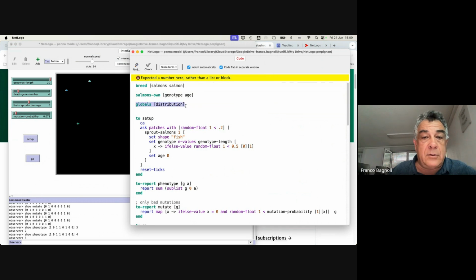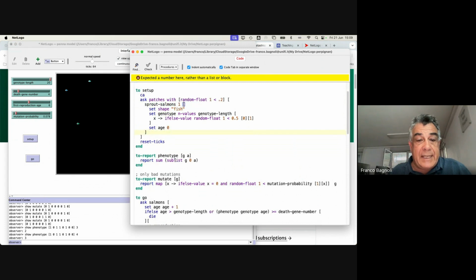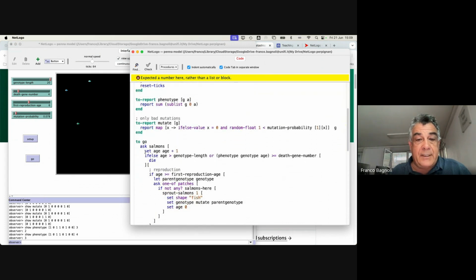So we generate salmon with a certain genotype, which is just random, 0 or 1 with a certain probability, 0.5. Then when they go, they increase the age, clearly.